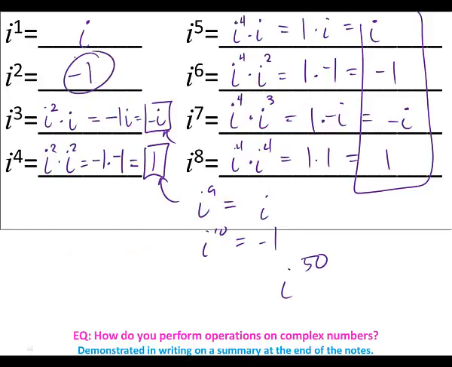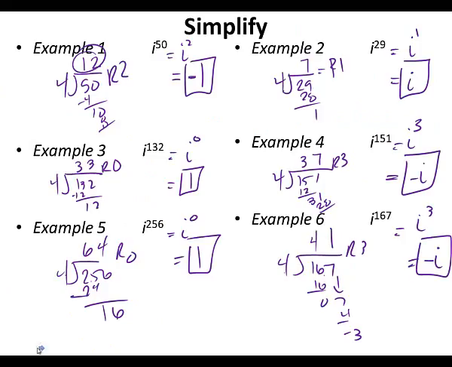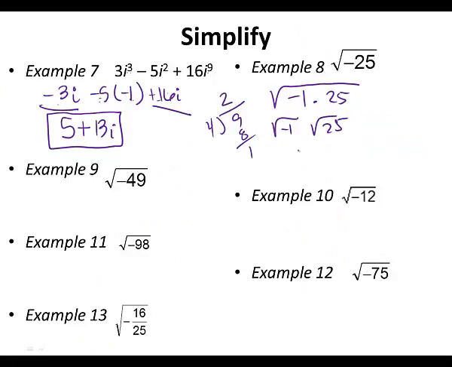I know that I can replace negative 1 with what? i squared. So I'm showing you the development of this, and then we're going to take a shortcut for the rest of it. So I'm going to put an i squared in there instead of negative 1. What's the square root of i squared? i. What's the square root of 25? 5. So the answer to that one is 5i, but that's way more work than I want to do.